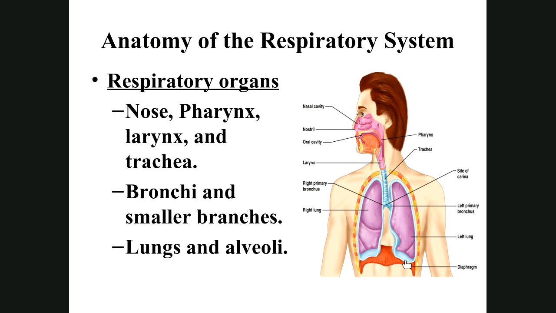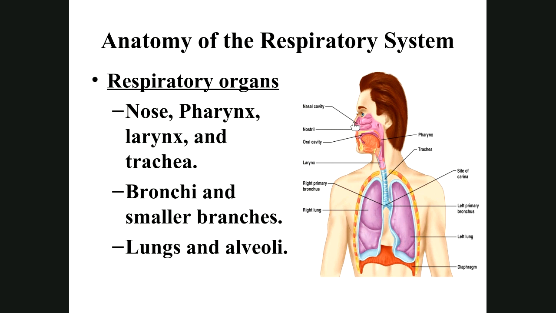The respiratory organs. So, what are the respiratory organs? The respiratory system extends from the nose to the alveoli. From nose to alveoli of the lungs, what are the structures present in between? The outermost organ of the respiration is the nose.